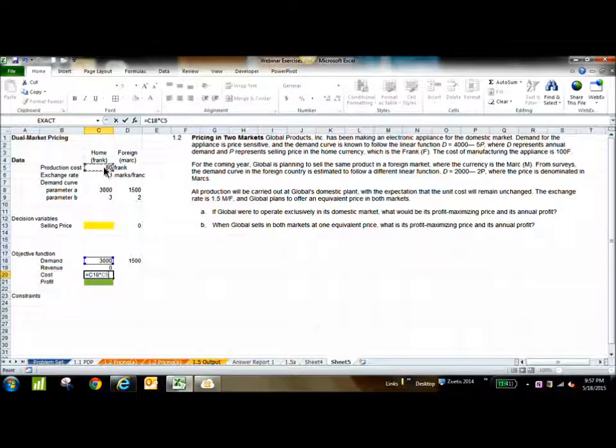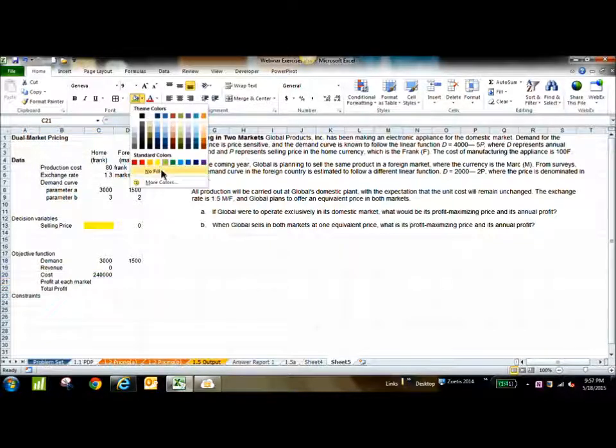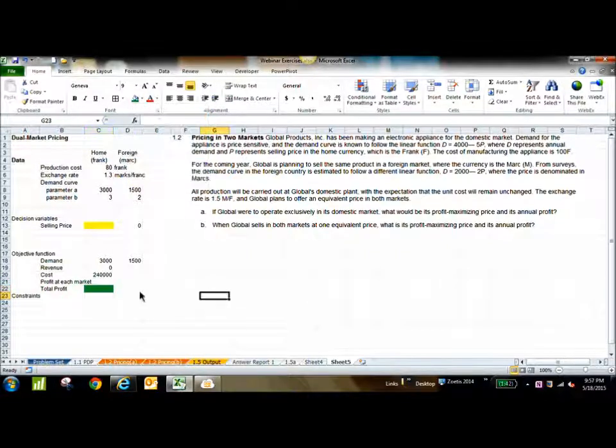The profit, in fact, what I can do, I can find first profit at each market and then do total profit. And I'll make this one green because I have to calculate the profit for each. So in this case, equal revenue minus cost.